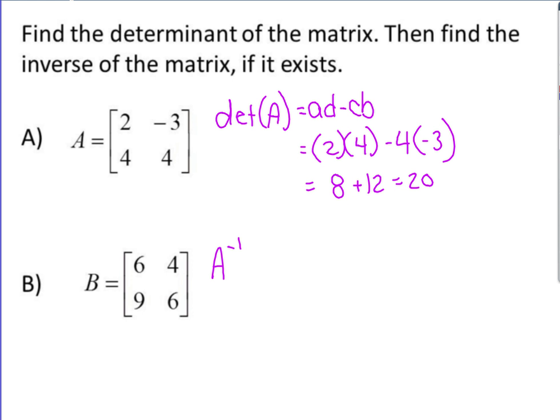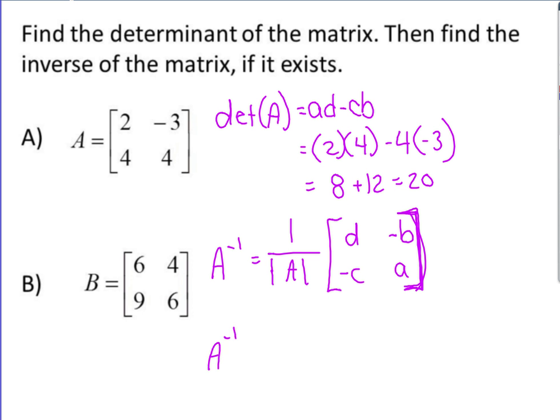To find our inverse, we do 1 over the determinant of A times your matrix D, negative B, negative C, and A. Remember, you switch your A and your D, and you flip the signs of your B and your C. So in our case, this is going to be 1 over 20 times 4, 3, negative 4, and 2.